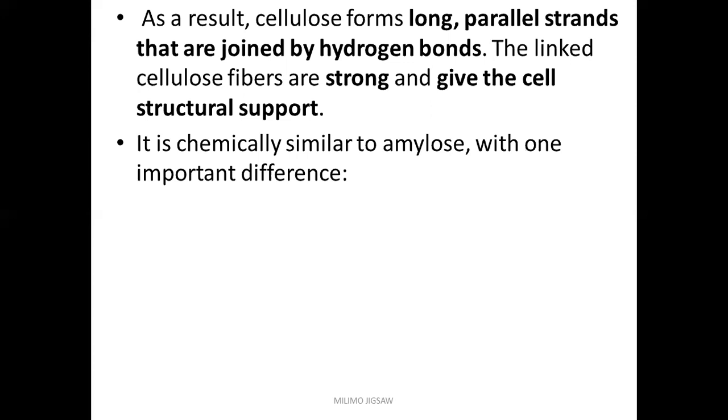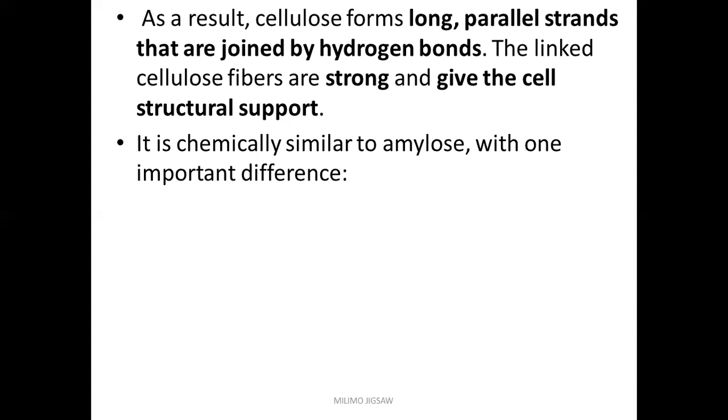So those are beta glucose subunits. Remember, they are joined in a way that will allow extensive hydrogen bonding to exist between cellulose molecules. And henceforth, they aggregate in bundles of fibers.